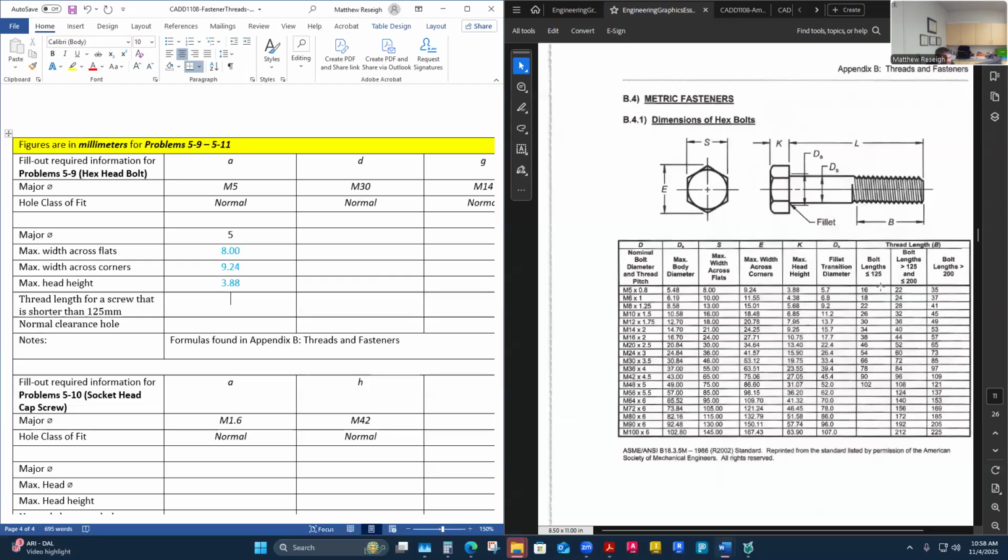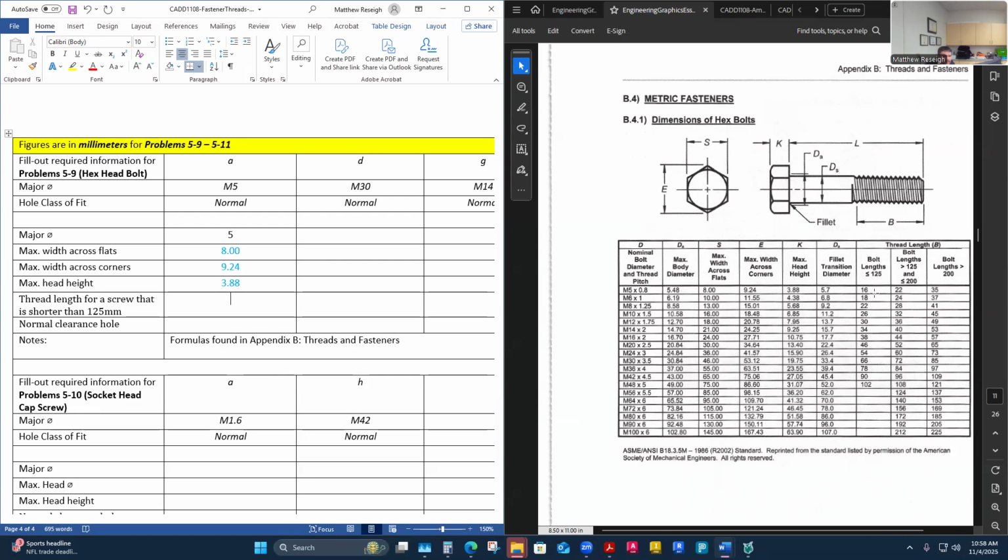So for a screw that is shorter than 125, I'm going to be in this column. It's only going to have 16 millimeters of actually threaded shaft, and the rest is just going to be smooth and match the major diameter essentially.